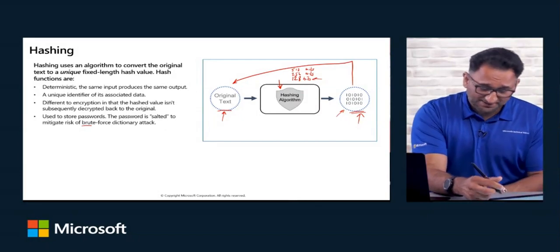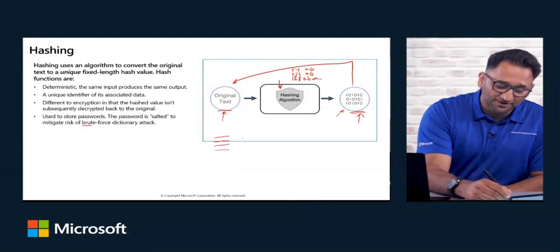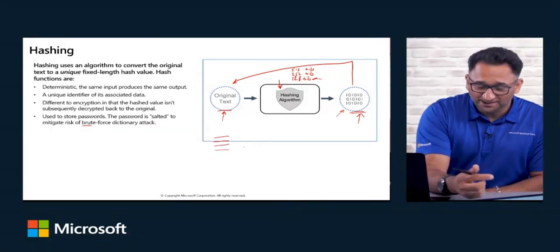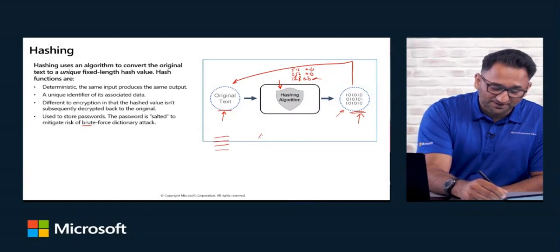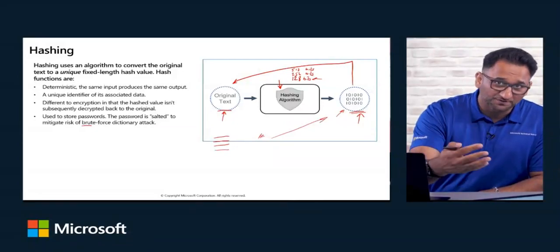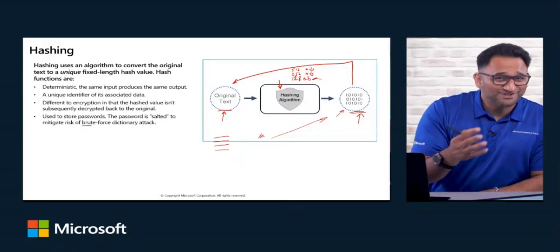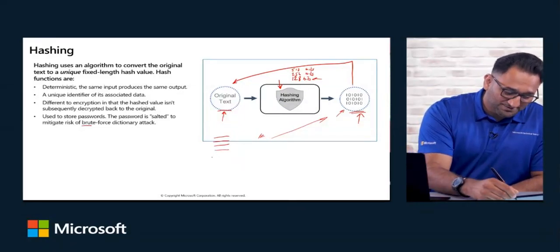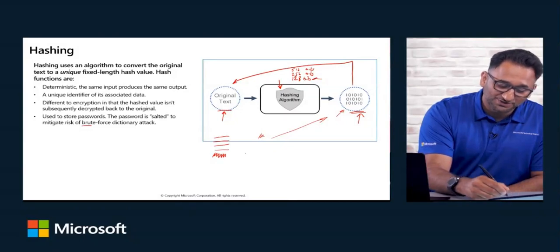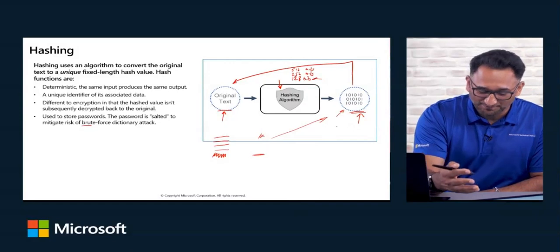These malicious actors can come up with a mechanism that uses random inputs as plain text and converts them into hash values, and these hash values can then be matched to the hash value that you have generated or sent to authenticate. If they get to match these values, they can reverse engineer to understand what the initial input was that was used to create that hash value that matches the hash value that you just used.